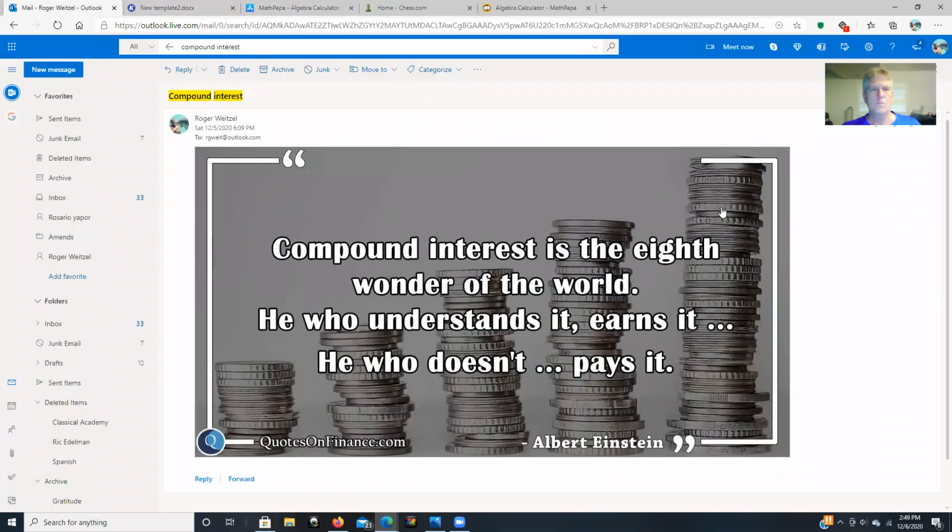There we go. This is something said by Albert Einstein, or at least it's attributed to him. Compound interest is the eighth wonder of the world. He who understands it earns it. He who doesn't pays it. So today we're going to learn a little bit about why he said that.